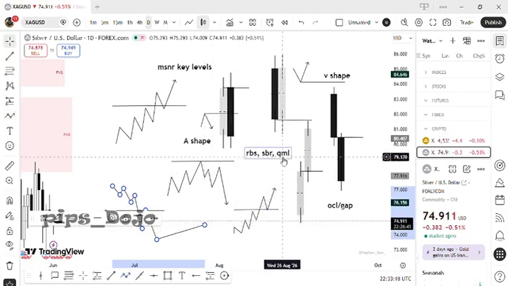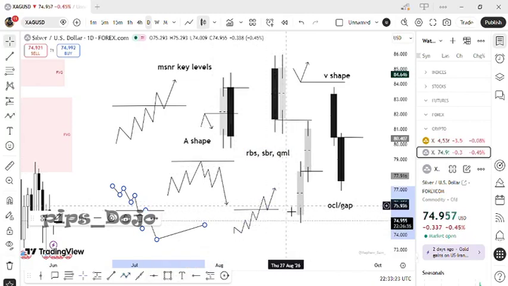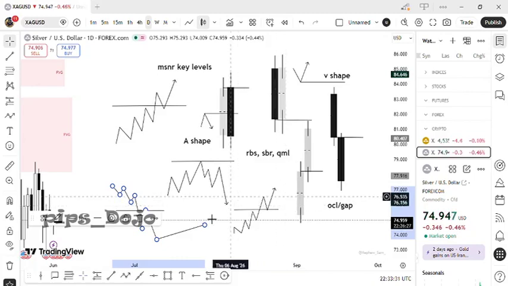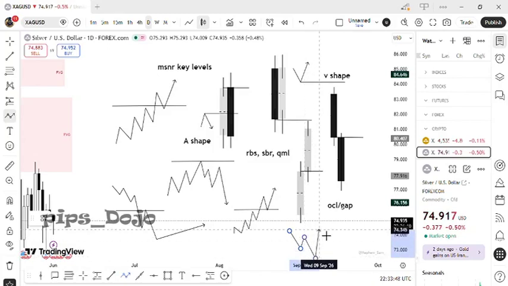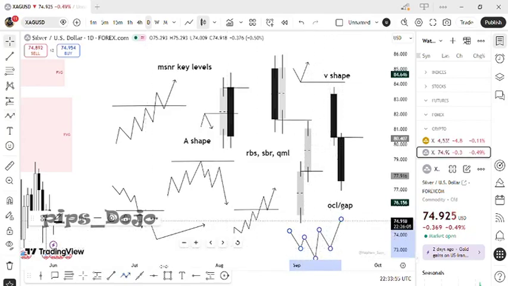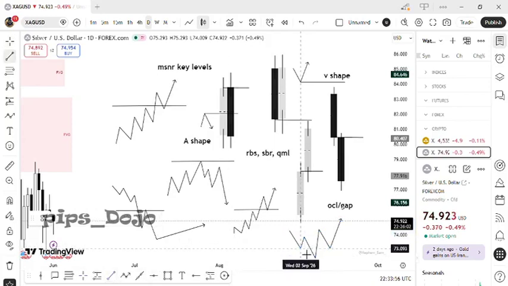Then the QML is simply a support that became a resistance, then it got broken again, so now it becomes a QML. So what do we mean by that? It's simply something like this. Let's just draw that out. We have something like this. So this level is the QML.